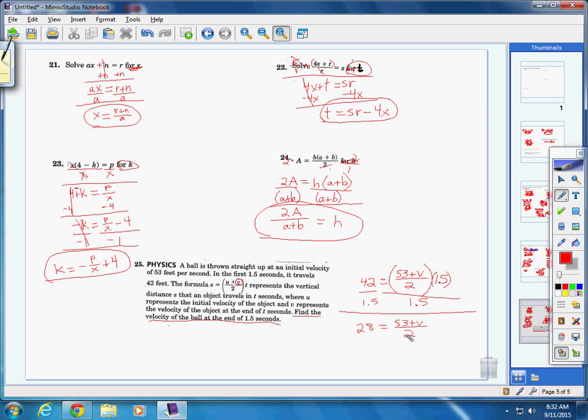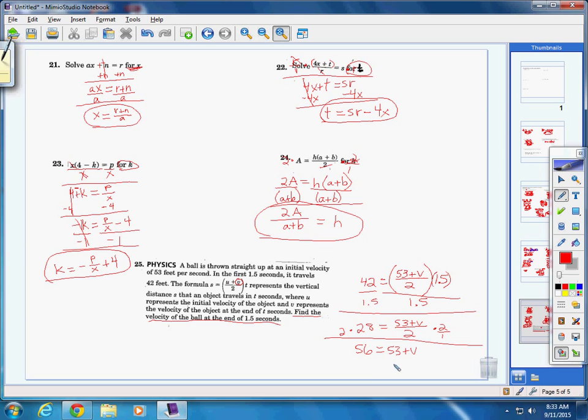And we're getting closer to v. Now let's get rid of this denominator. So let's multiply by 2 over 1, or just 2 on both sides. Now you should be left with 56 equals 53 plus v, and you probably know the answer by now.